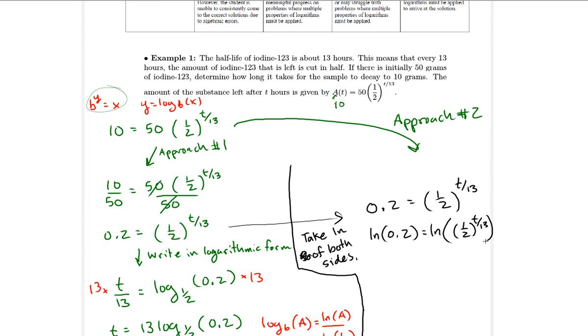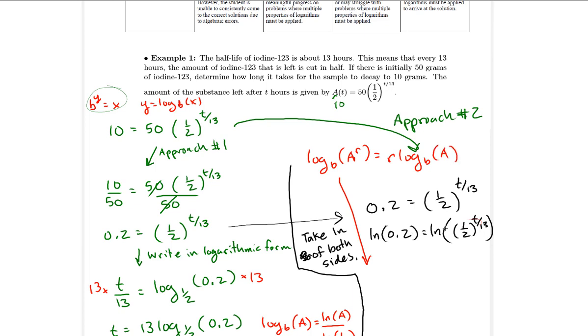Why would I do that? The reason is that once you take the natural log of what's on the right here, we can then use the property that we learned that says if you have the log of something raised to a power, that power can come down in front.